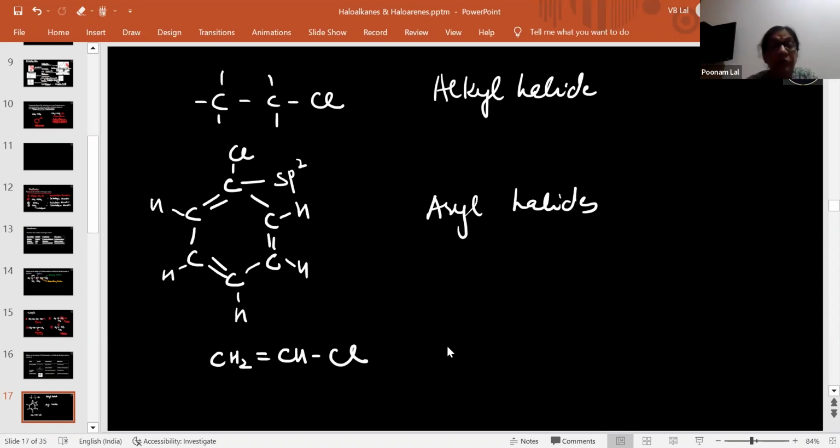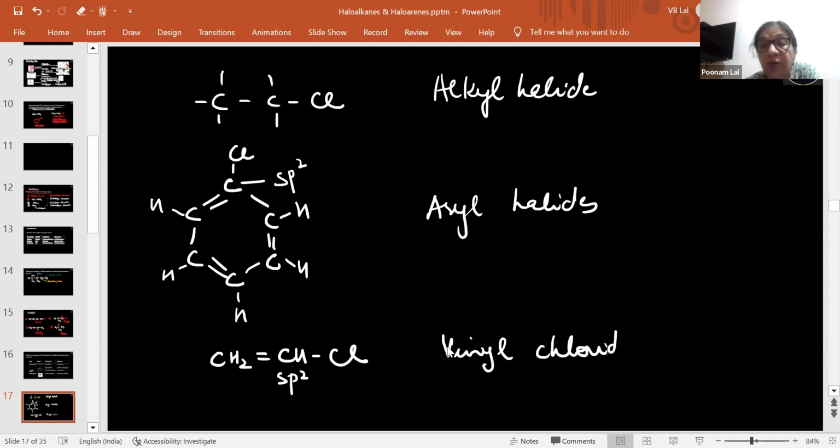Now this one, it's an open chain, but the halogen is attached to an sp2 hybridized carbon. This one is called vinyl halide. Vinyl chloride I will call it, because here the halogen is chlorine.